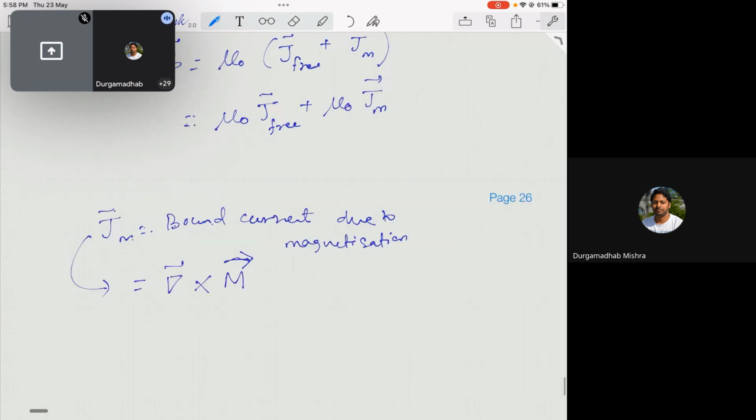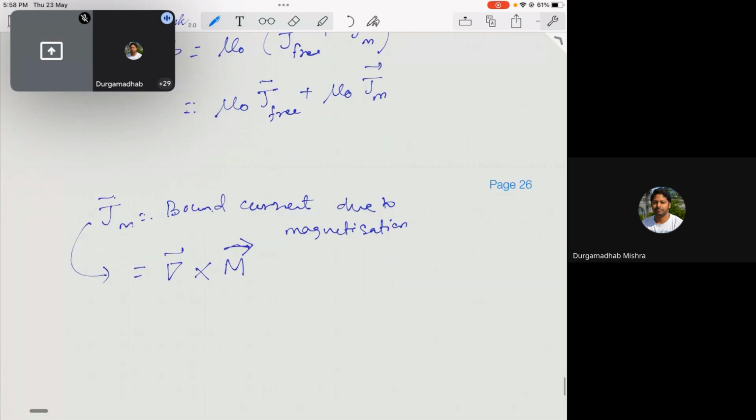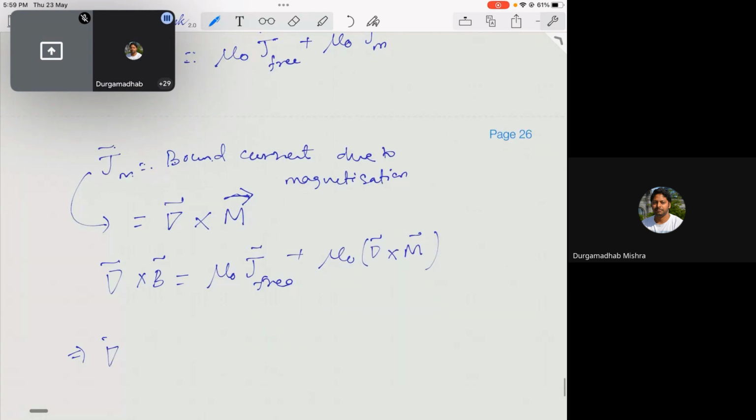Now I can write down this curl of B as mu naught J free plus mu naught curl of M. So I take this to the left-hand side: curl of B minus mu naught M will be equal to mu naught J free.